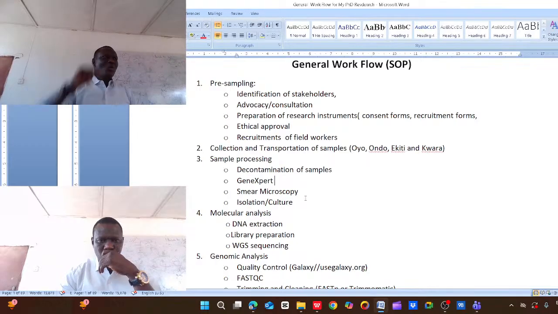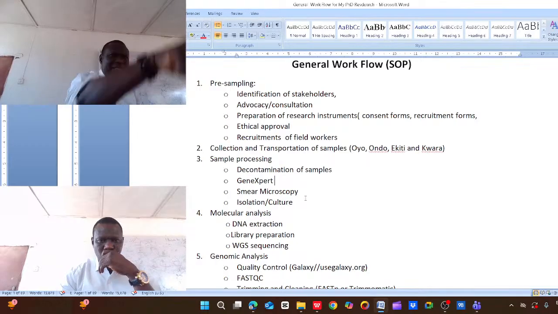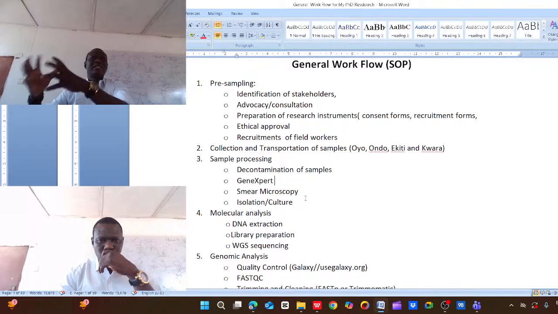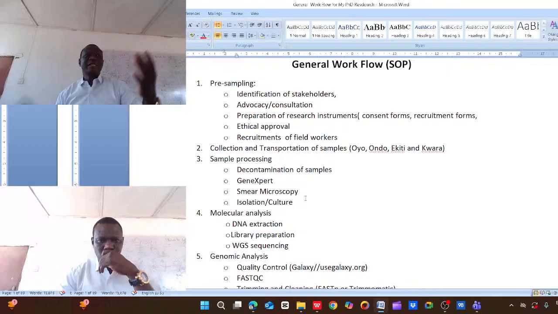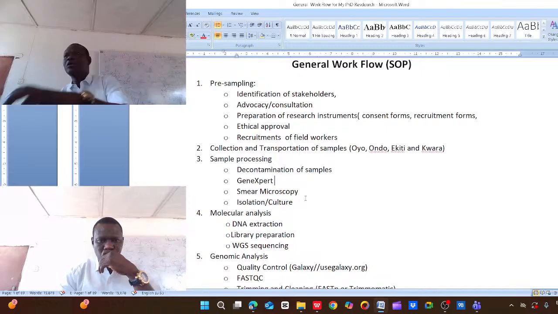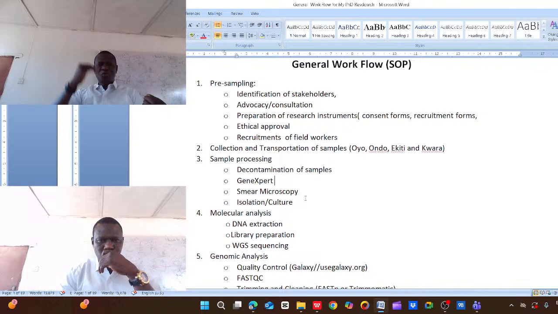Why are you retrieving it? Because in NCBI you have protein, you have gene, you have genome, you have nucleotide, you have a lot of them. So if you want to retrieve, which one are you going to retrieve? That's the reason why you also need to have the wet lab knowledge of all this.